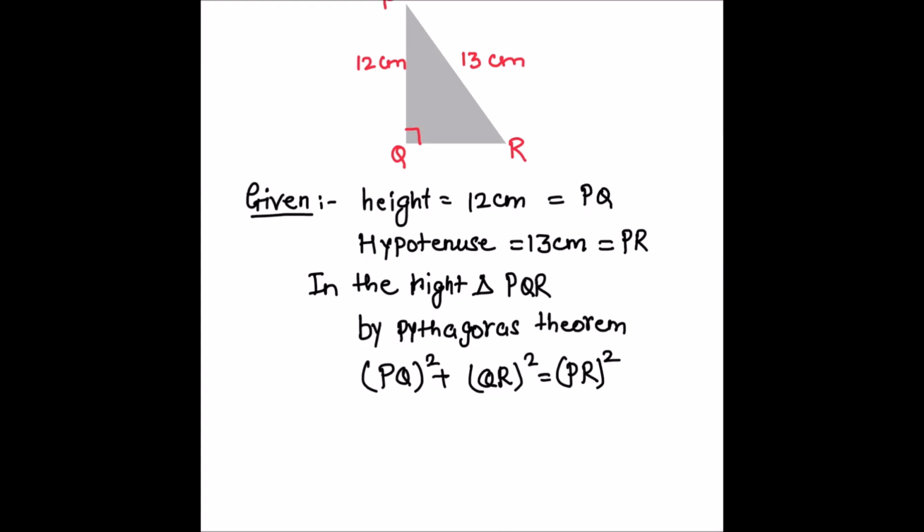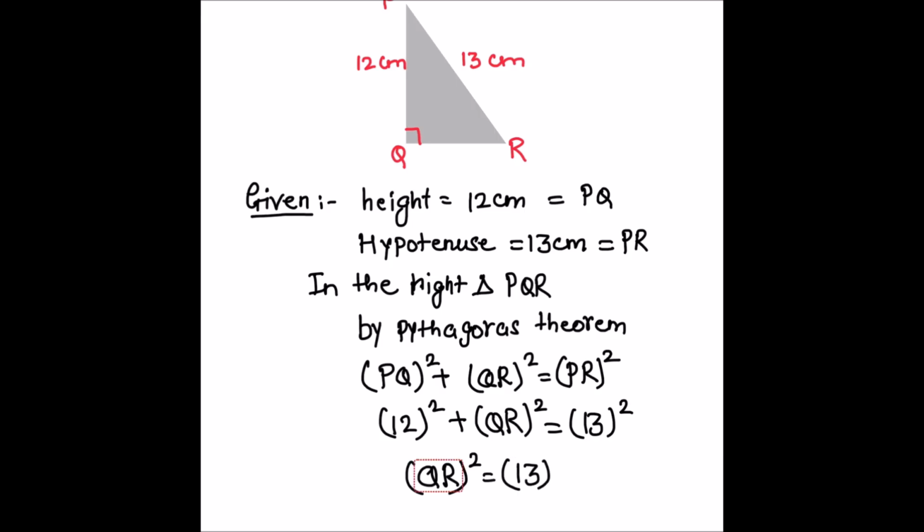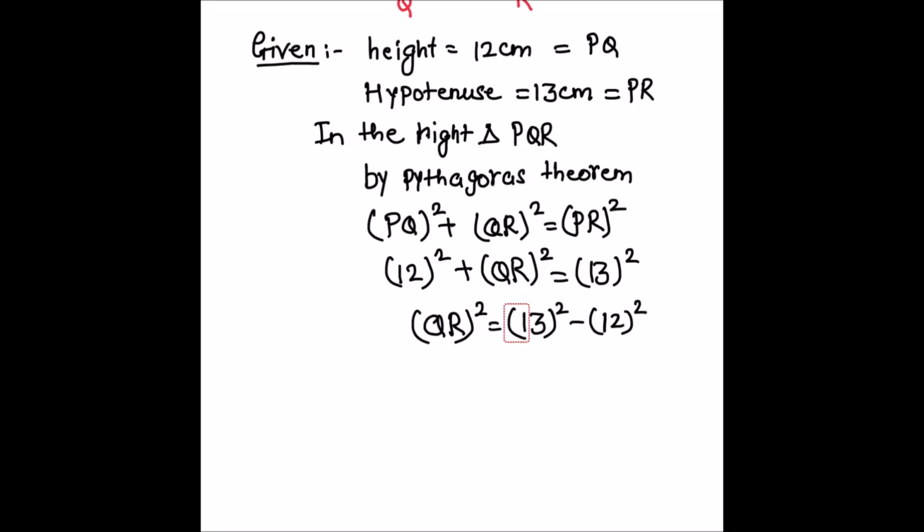PQ is 12 square plus QR is unknown to us and PR is 13 square. So we'll leave QR square here to find it, and this will be 13 square minus 12 square, just transposing 12 square to the right hand side.